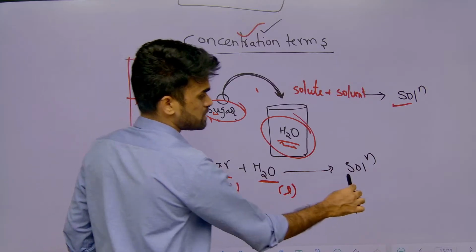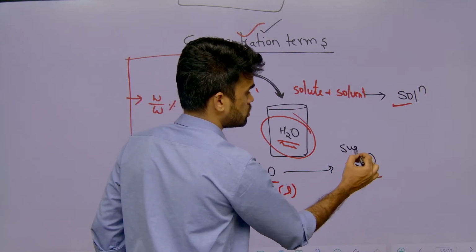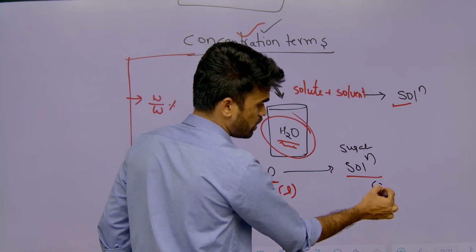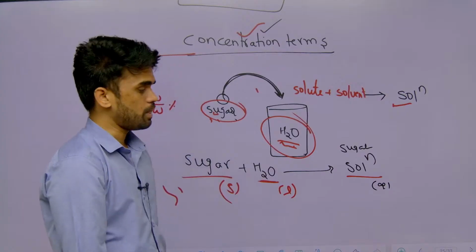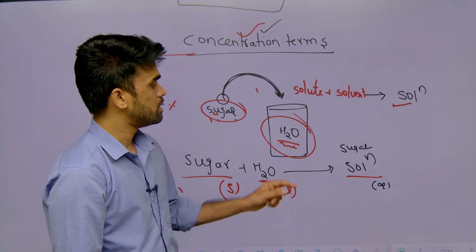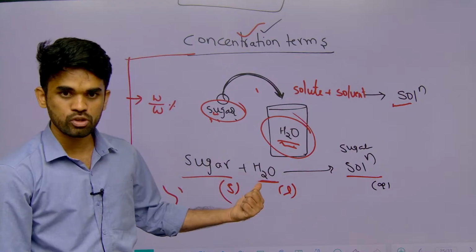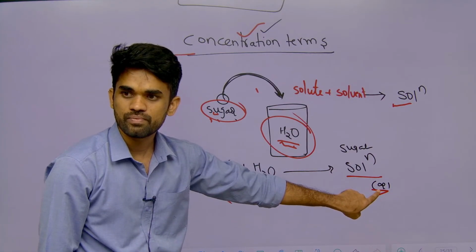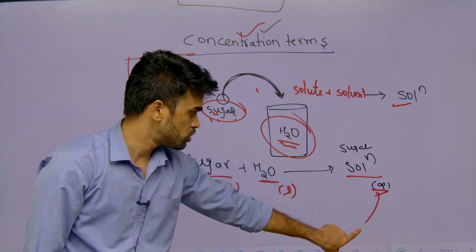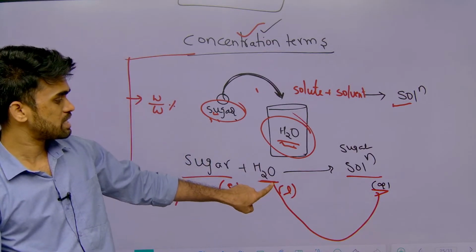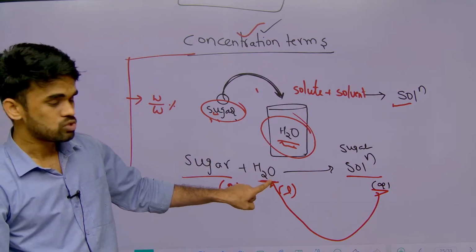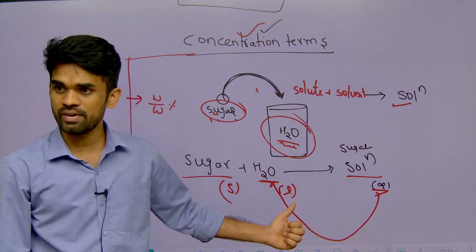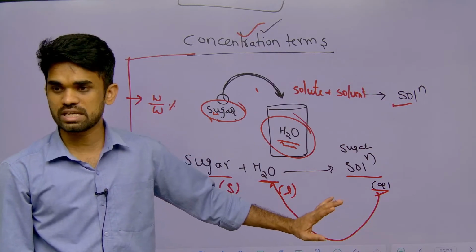Solid. What about the sugar solution? This is also liquid only. Aqueous medium means liquid only. So you can identify the solute and solvent from the given composition by looking at the physical states. The solution is liquid, having the same physical state as our solvent. So solvent and solution have the same physical state. Once again, solvent and solution have the same physical state.